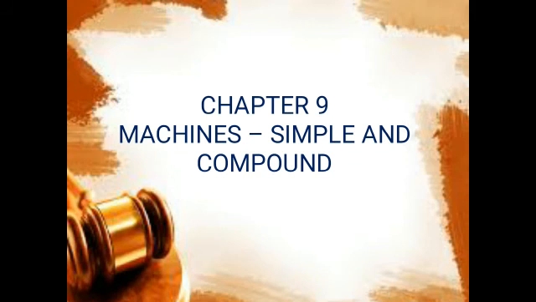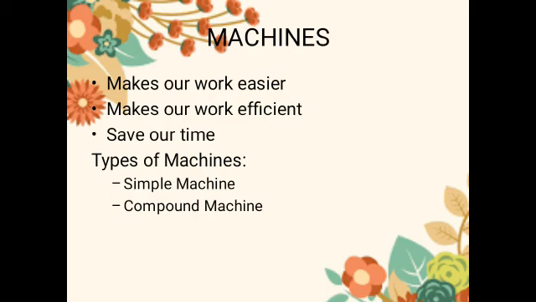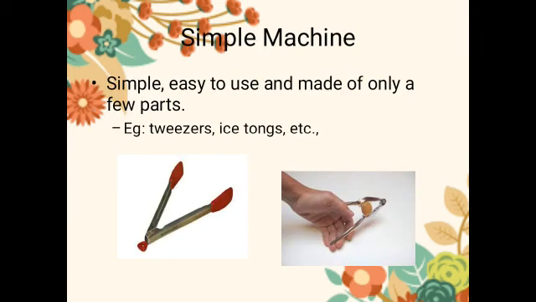We are learning about chapter 9, Machines. In the last sessions we discussed the concept of machines and different types of machines. Machines make our work easier and more efficient, and they also save our time. The different types of machines are simple machines and compound machines.